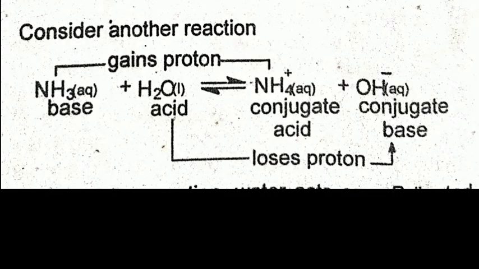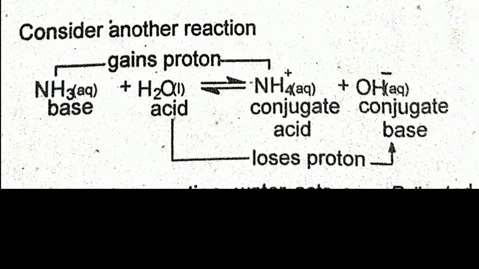Consider another example. NH3 plus H2O reversibly gives NH4+ and OH- ions. Here, H2O gives one H+ ion to NH3 because H2O ionizes as H+ and OH- ions. So, this H+ ion is given to NH3.